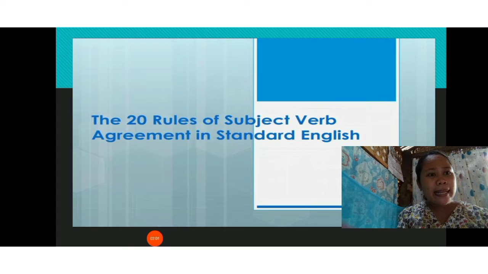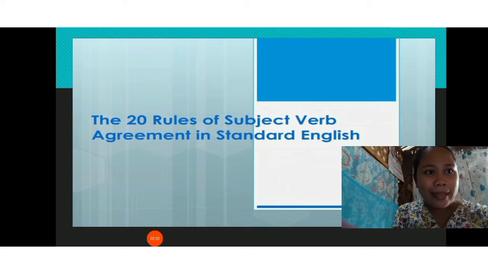And also it is always a good idea to practice proper grammar in writing because it makes us credible. It makes you credible. So now let's discuss the 20 rules of subject-verb agreement in standard English.